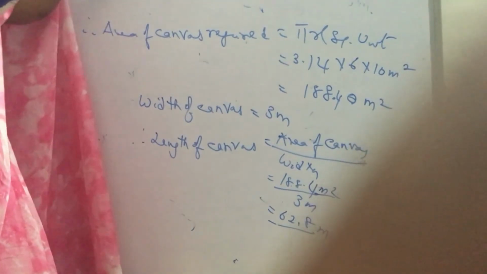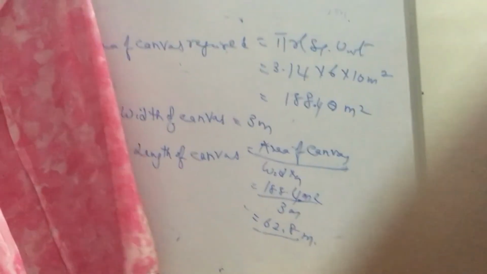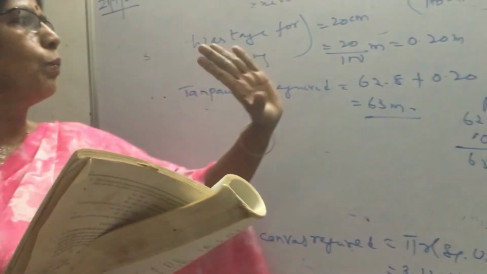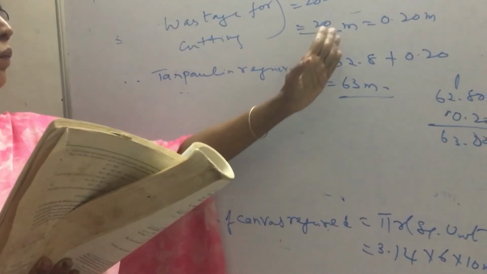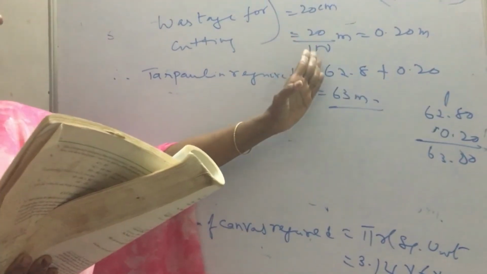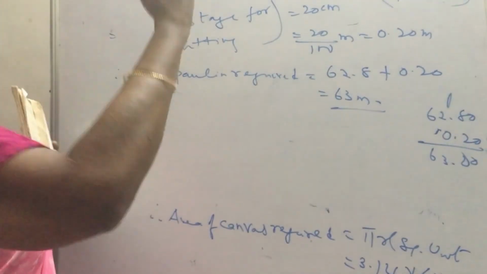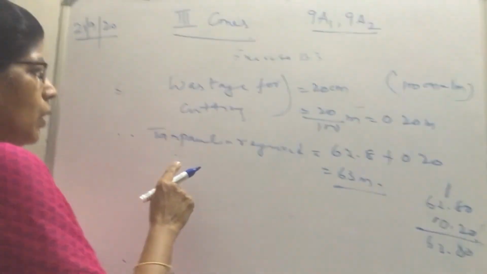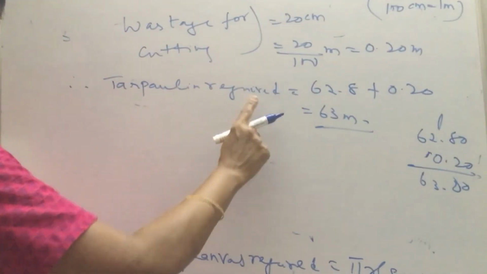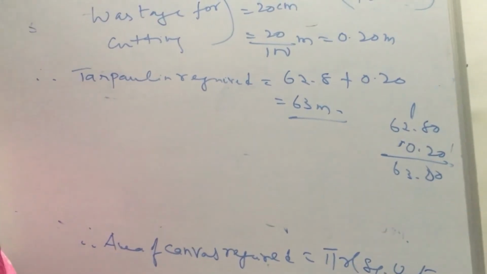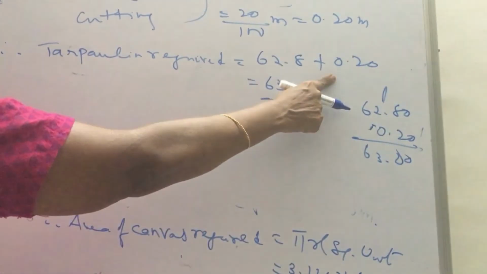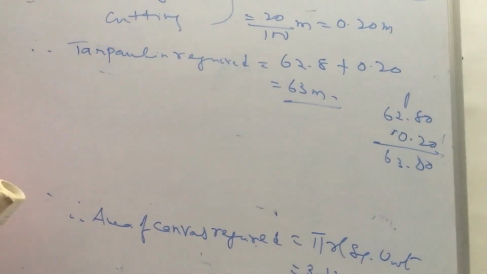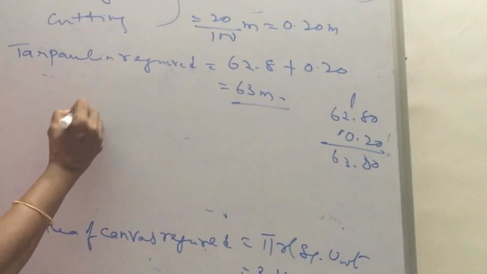What is the wastage for cutting? 20 centimeters. Convert to meters, 0.2 meters. Centimeters to meters, divide by 100. In 100, 2 zeros. From the right, put the point, 0.20 meters. Tarpaulin required is equal to your canvas length plus wastage, that is 63 meters.